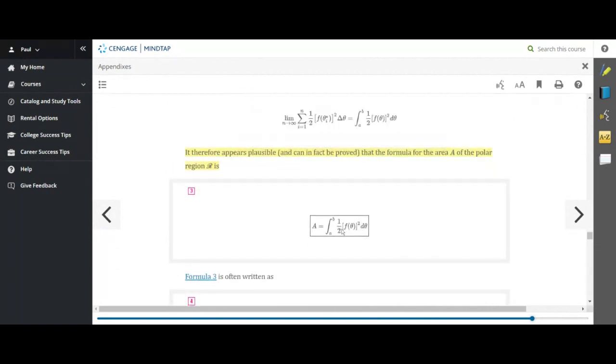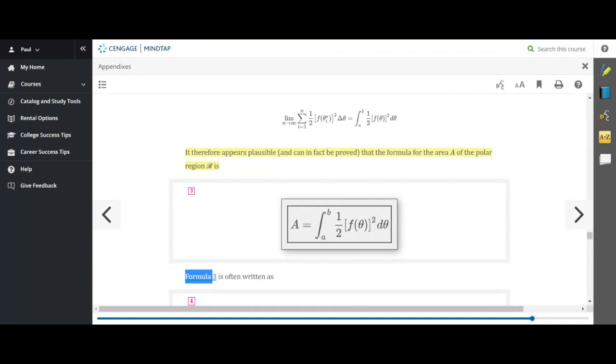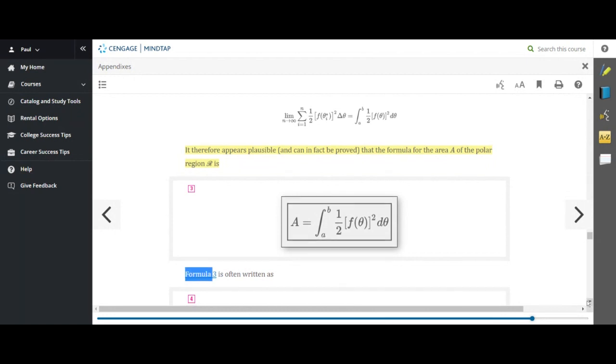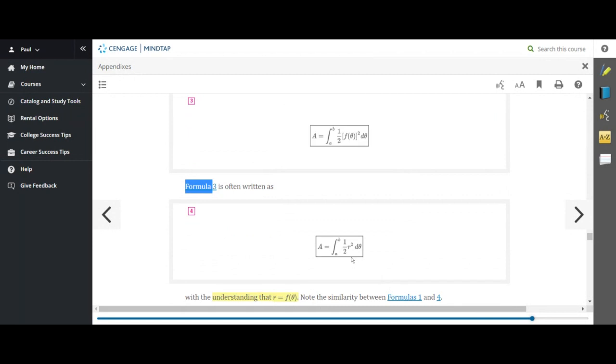So the area of a polar region where the starting angle is theta equals A and the ending angle is theta equals B is the integral from A to B of 1/2 f of theta squared d theta. And it's a little easier to remember the formula if you just recognize that r equals f of theta.